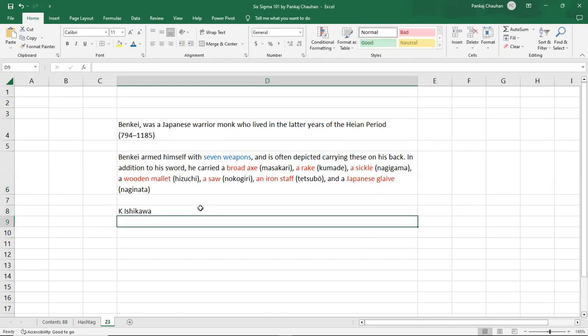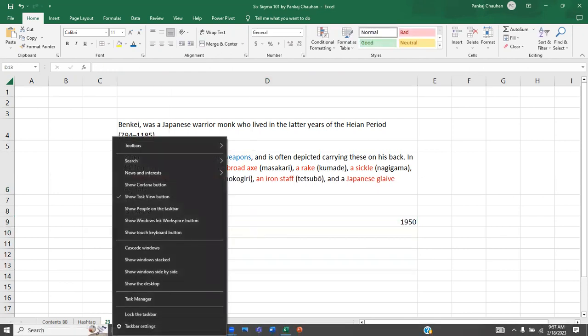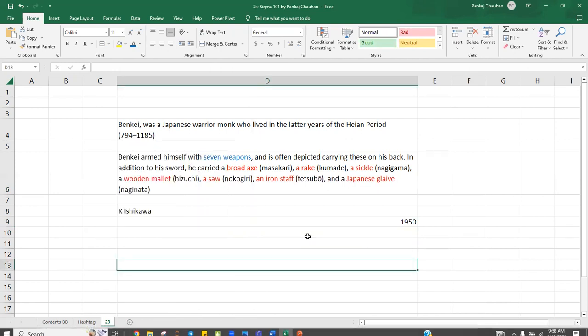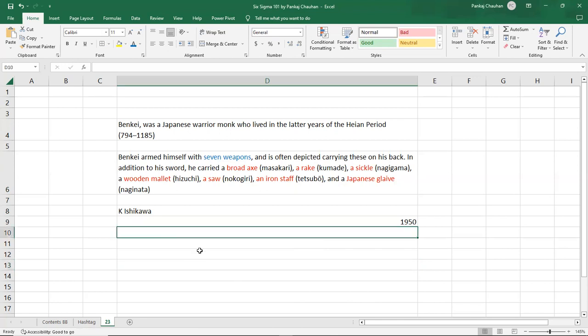K. Ishikawa was one of the quality gurus from Japan somewhere around 1950. We all remember that in 1950, what happened in 1945?